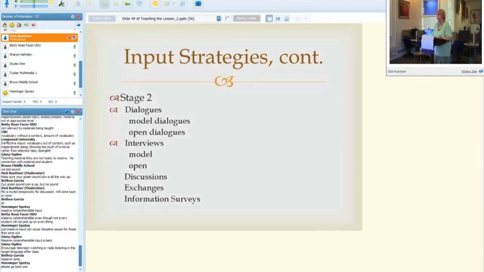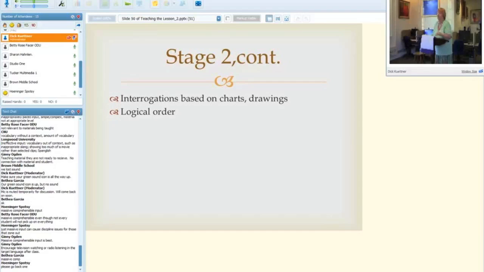The model interview is more interviewing for purposes of a survey or something like that, where you're looking for specific information, whereas an open interview is more a real interview, where the other person doesn't know what question is going to be coming up, and you have to think in real-life situations. Questions based on charts or drawings, not just questions, but a whole discussion based on that. And in stage 2, you should be doing things in logical order, not just random all over the place.